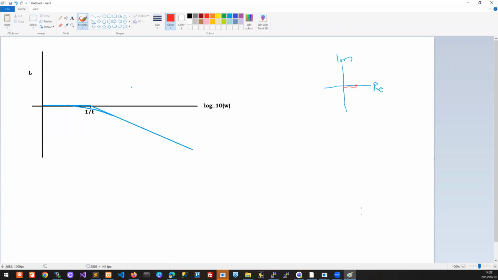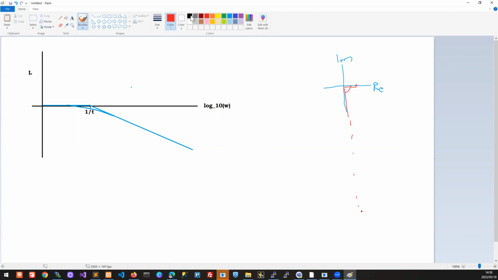But if we take very large imaginary parts, then this angle becomes approximately equal to this one. And so this is going all the way to this large value of the imaginary part. And so as omega goes off to infinity, this 1 here from the real part matters less and less. And now the angle becomes minus 90 degrees.